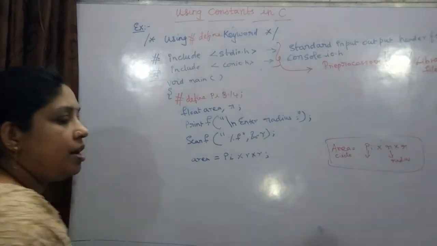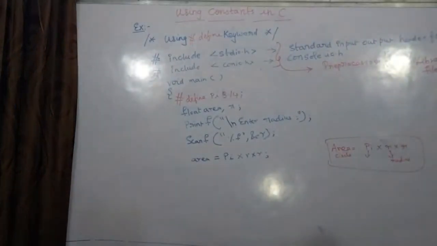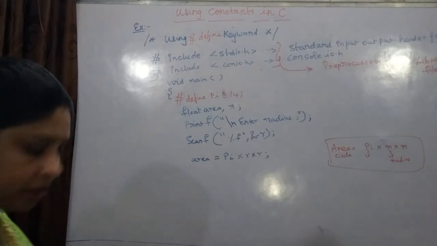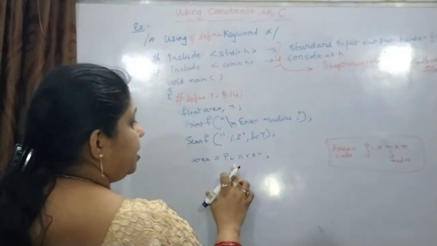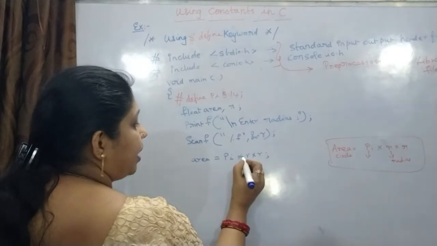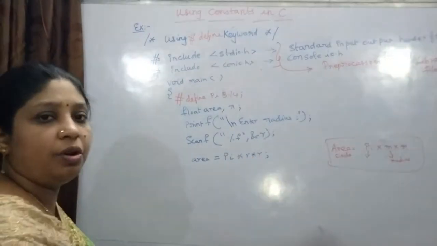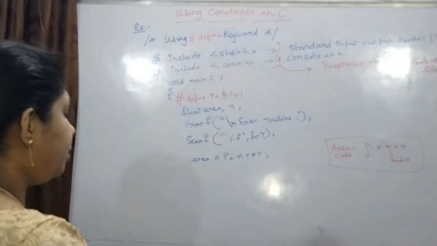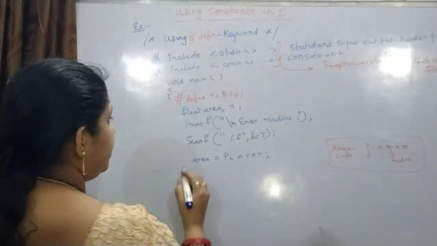Okay, understood? Area is equal to pi into r into r. That means you are writing the formula. Now what next, what will be the sentence?